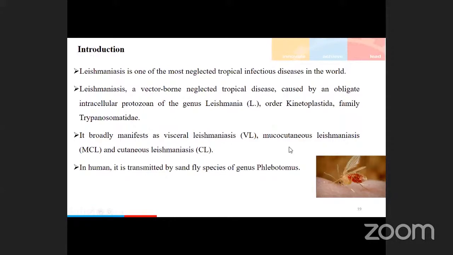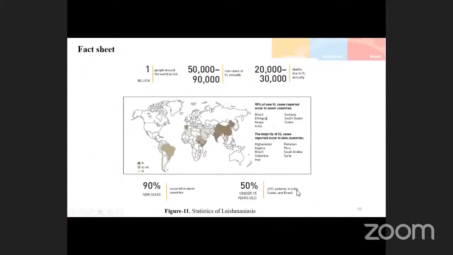Mucocutaneous leishmaniasis mainly affects the various mucous membranes of our body organs and tissues. In humans, it is transmitted mainly by sandfly species of Phlebotomus. This is the diagrammatic representation of the sandflies, and this is the fact sheet.